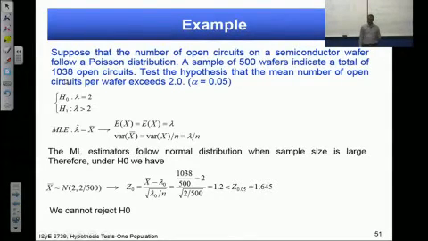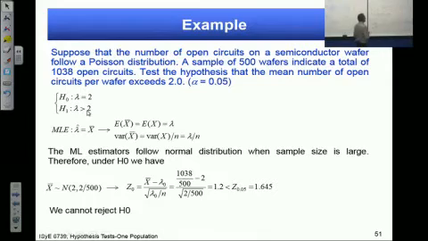So as you can see, 1038 is greater than 500, which means on each wafer you have more than 2 defects, or more than 1 defect, on average. Test the hypothesis that the mean number of open circuits per wafer, which is basically the definition of lambda, exceeds 2. So we want to test whether lambda is equal to 2 or greater than 2.